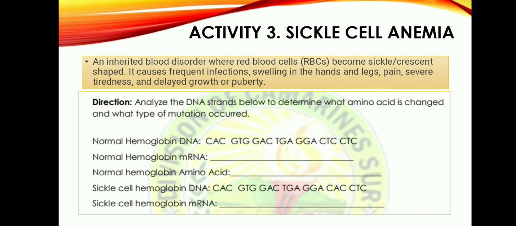For the sickle cell hemoglobin DNA, there is now a mutation in the DNA sequence: CAC, GTG, GAC, TGA, GGA, CAC, CTC. So you are going to analyze and provide the sickle cell hemoglobin mRNA.